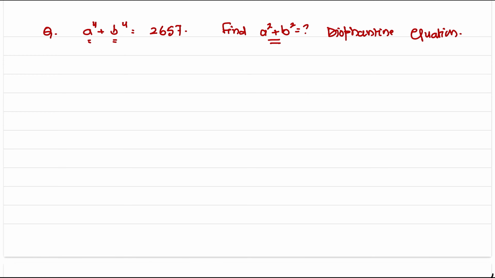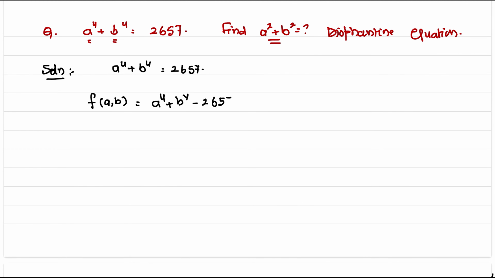How to write it in set builder form? First question, how to write it in the set builder form? Solution. a to the power of 4 plus b to the power of 4 is equal to 2657. That means the function f(a, b) is equal to a to the power of 4 plus b to the power of 4 minus 2657 is equal to 0.